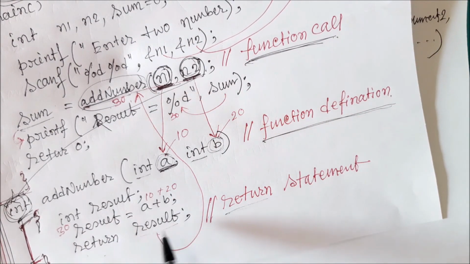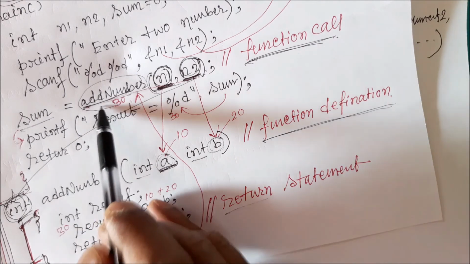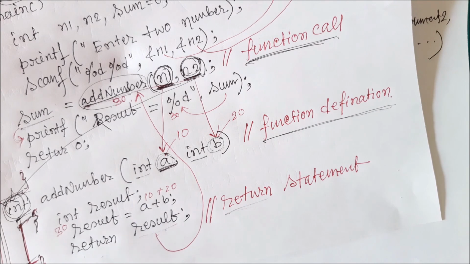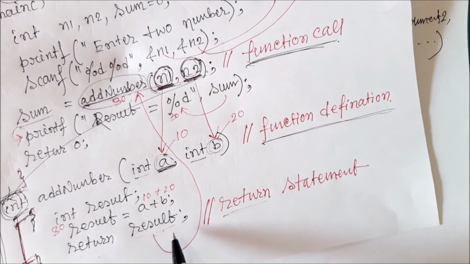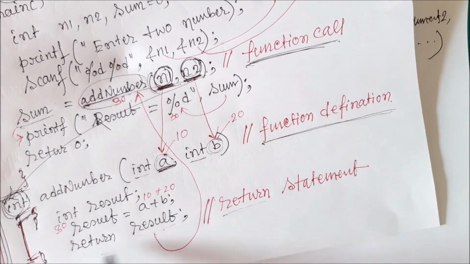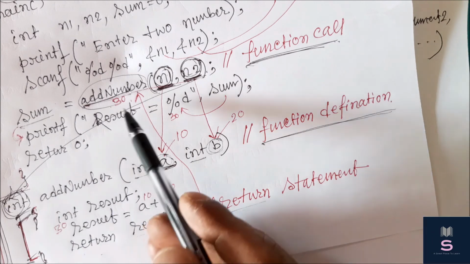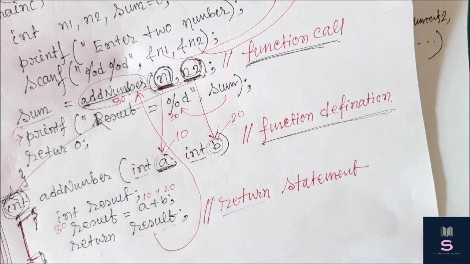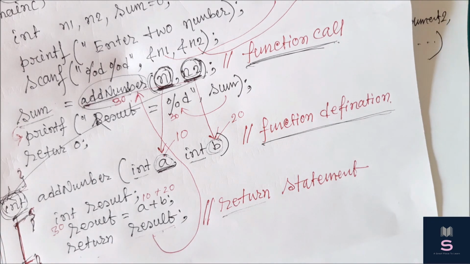So, the return statement returns this value to the calling function, that means it will return the value to the main function. The program control is transferred to the calling function after the return statement is executed. So, after this line the program control is transferred to the main function, or it may be some other function that calls this function, and it will return to that function.